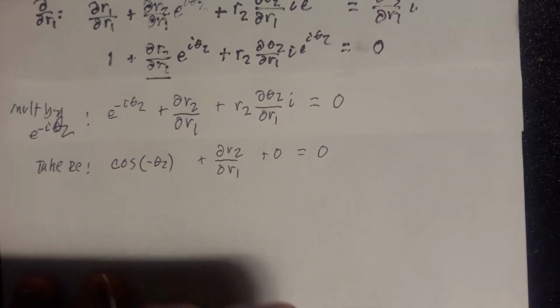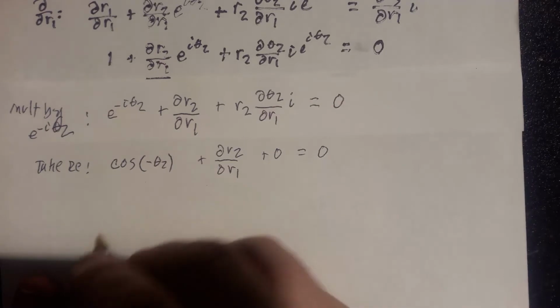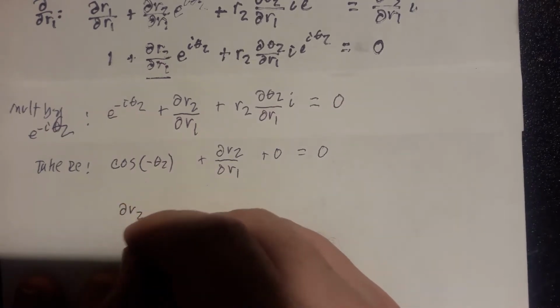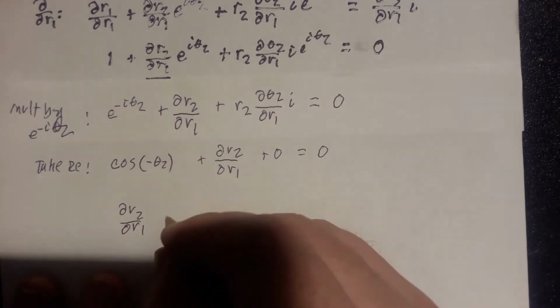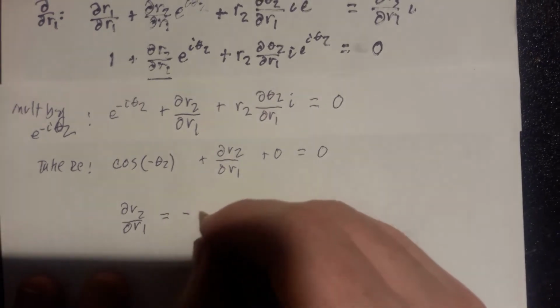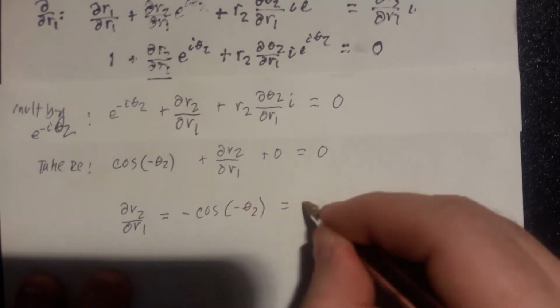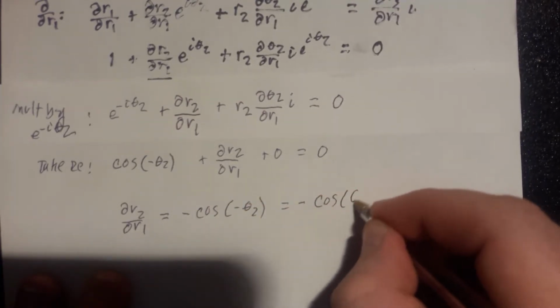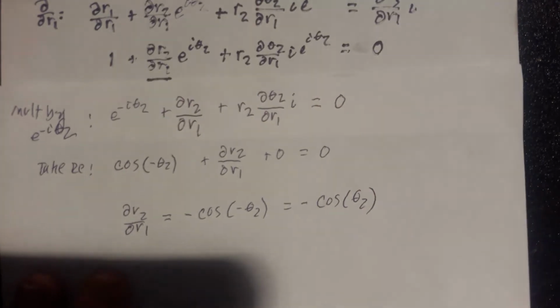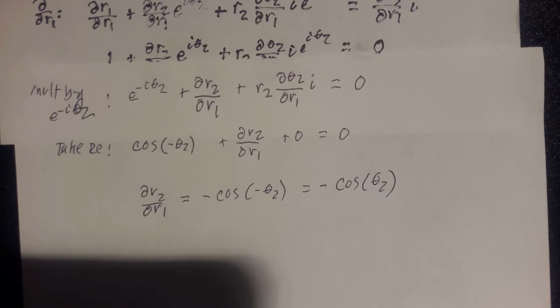And so what we find is that dr2/dr1 is just equal to minus cosine minus theta 2, which is just equal to minus cosine theta 2. Okay, so that's a very nice expression for that.